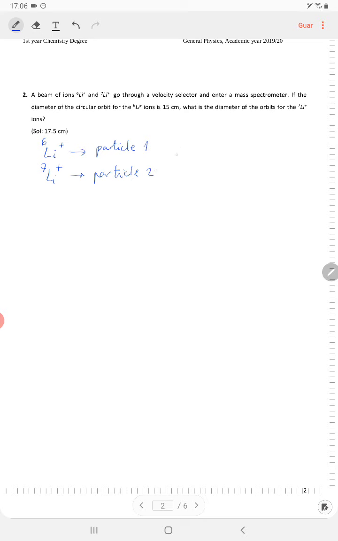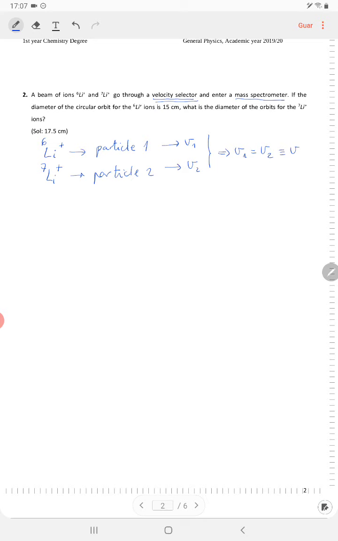They both pass through a velocity selector. That means that when they exit the velocity selector, the speed of one and the speed of the second one have to be the same because of the velocity selector. I'm just going to call it V. Then they enter a mass spectrometer.